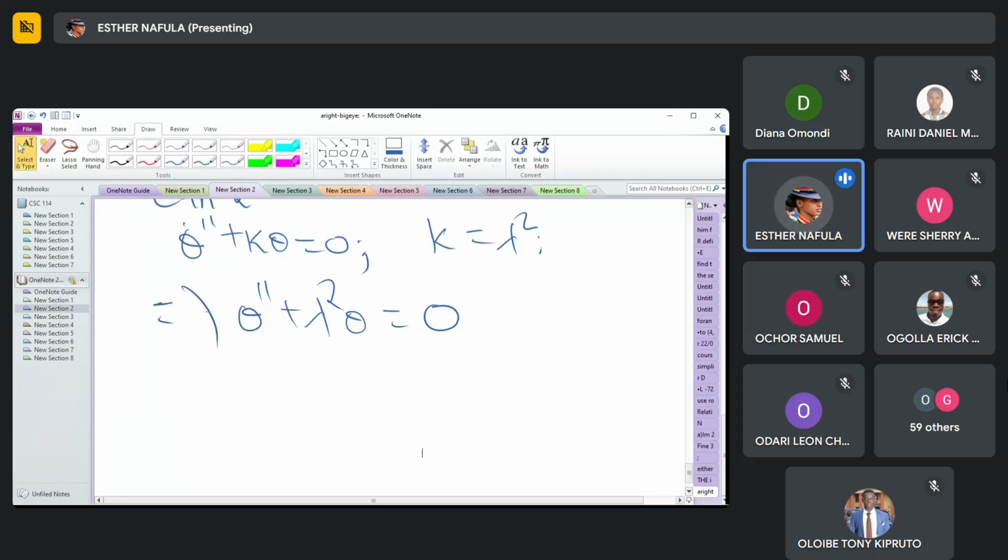This is a second order differential equation, just that it's given in theta. You guys are used to differential equations given in terms of the variables x and y. So you say, let theta be equal to e to the mu theta; we've used lambda, so mu.